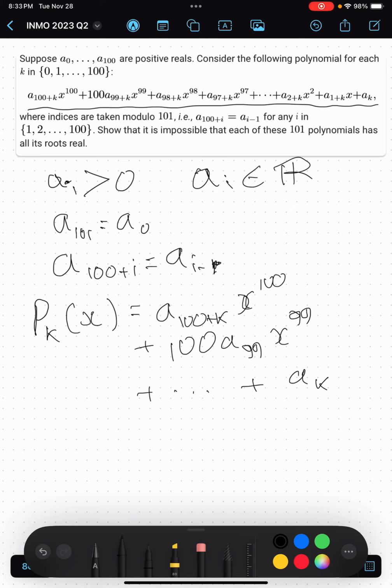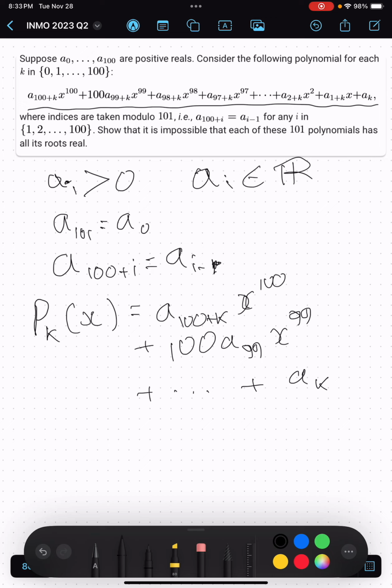So there are 101 different polynomials, and because of the cyclicity, the coefficients of the powers keep varying.